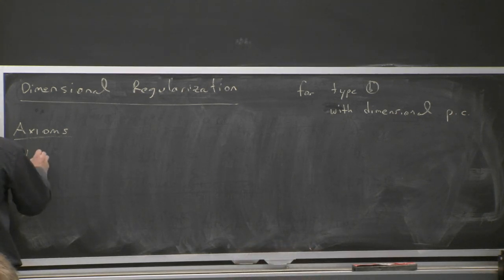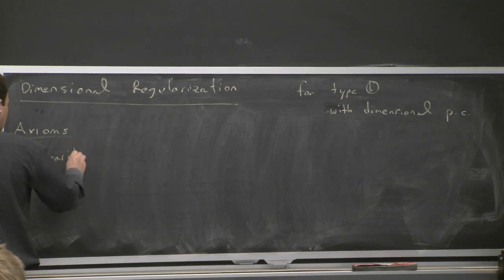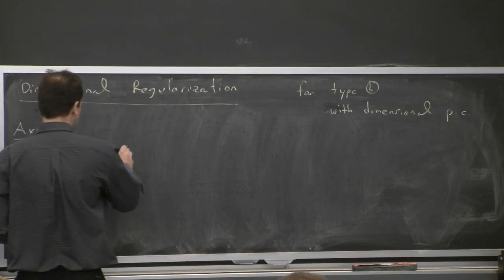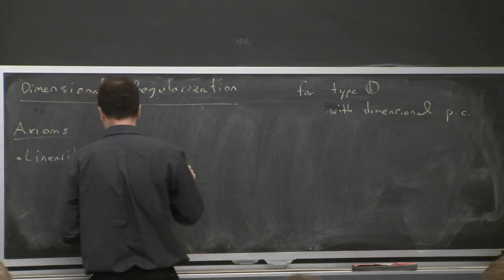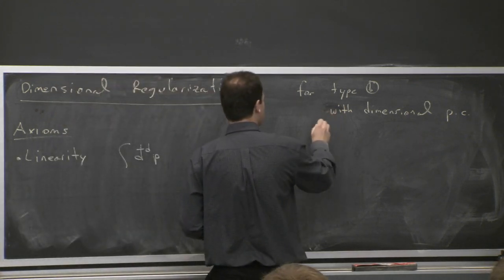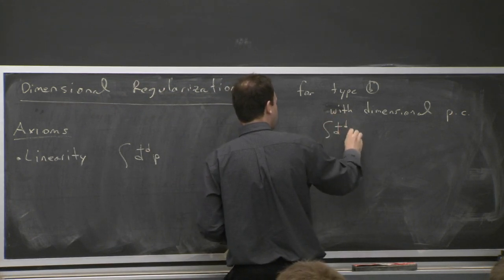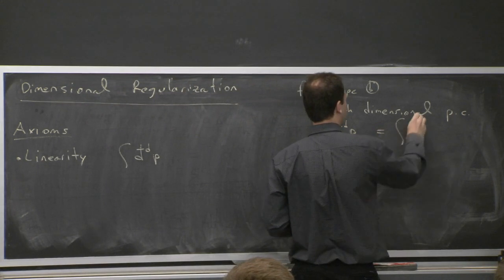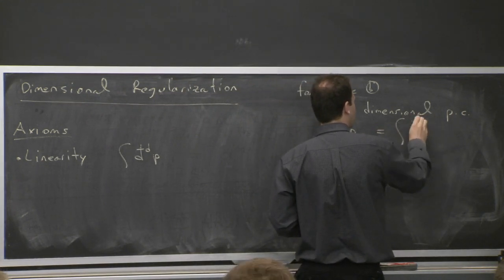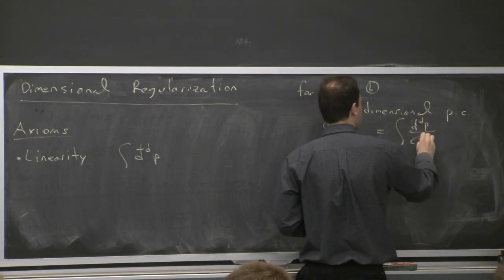If you say that you want a loop integration that's linear, I should have said this earlier. My notation with dimensional regularization is I put a little cross on the d, and that means dividing by the 2 pi. So it means d^d p over (2 pi)^d.